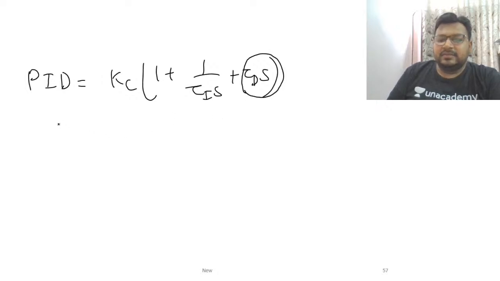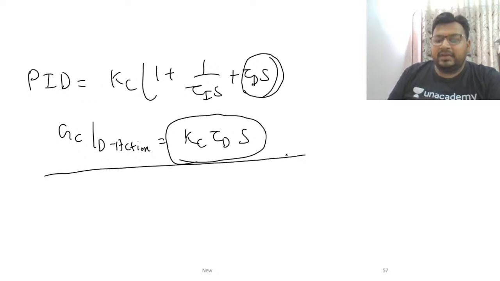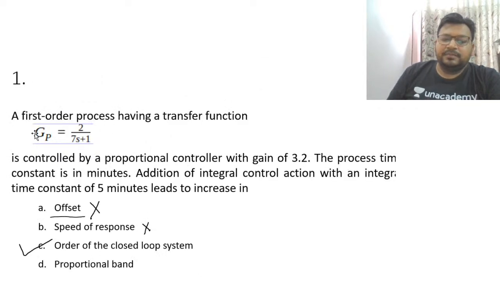Only for the D action, Gc is Kc tau d s. This is only for the D action. So if you calculate for the PD, let's say there is a transfer function. If you take this question only, and there is a PD action, so we'll tell you the offset in this case so that it will be clear to you.